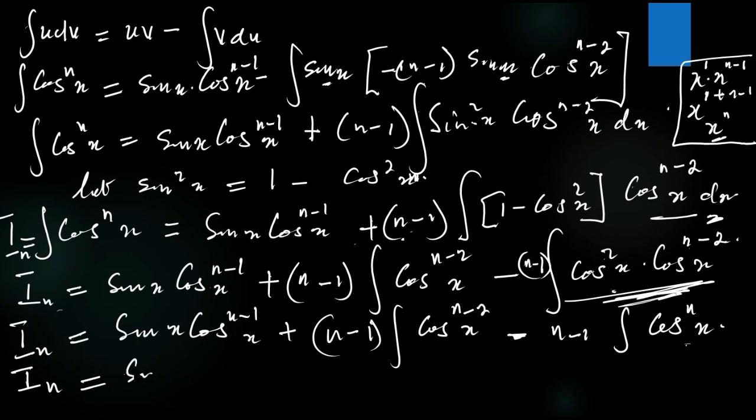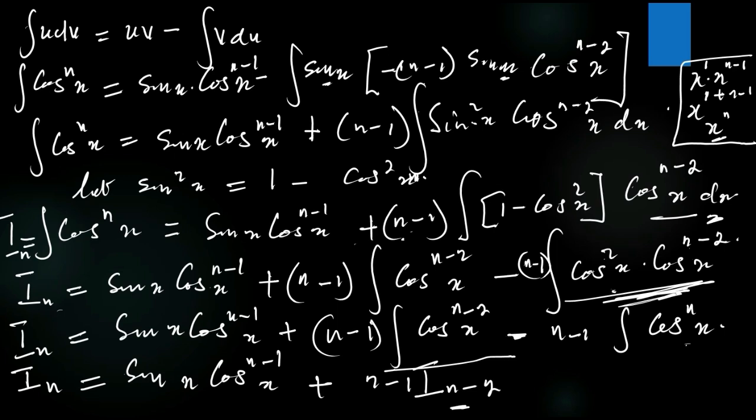This is sine x cos n minus 1 of x plus n minus 1. Here I have the integral of cos x raised to power n minus 2, I can summarize that to be I_(n minus 2). Observe that I have cos x raised to power n minus 1 here. I did not summarize it to I_(n minus 1) because there is no integral sign here.